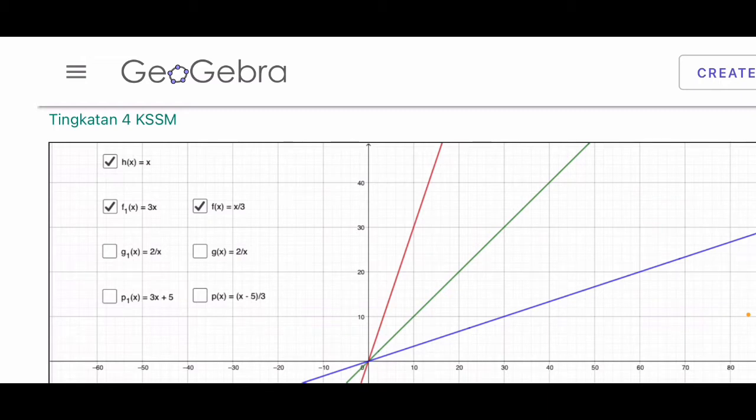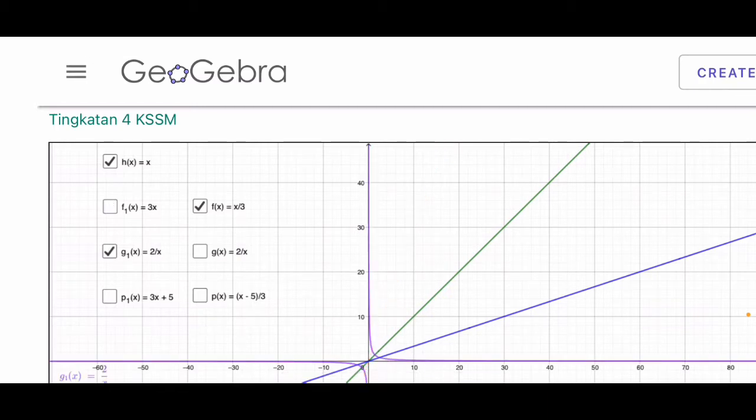Meaning the graphs of these two are inverses. One of them is the function, the other one is the inverse. So the functions f1(x) and f(x) are inverses. Let's try another one.